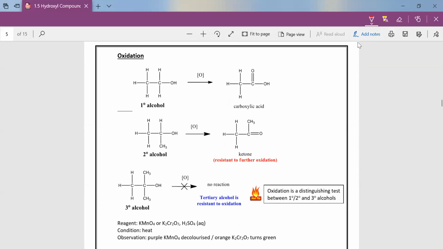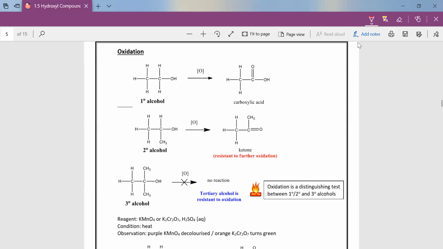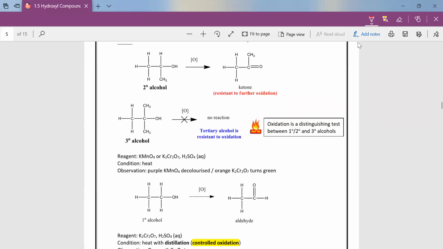Secondary alcohol stops at ketone. Tertiary alcohol cannot be oxidized. The reagent is manganate or dichromate with heat. Observation: purple KMnO4 decolorizes, or orange dichromate turns green.